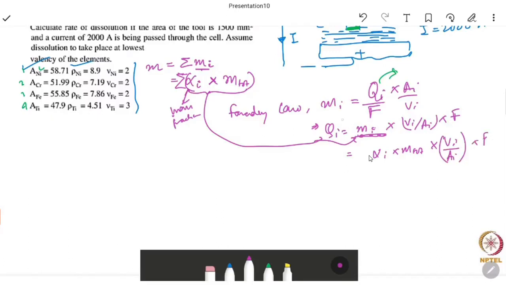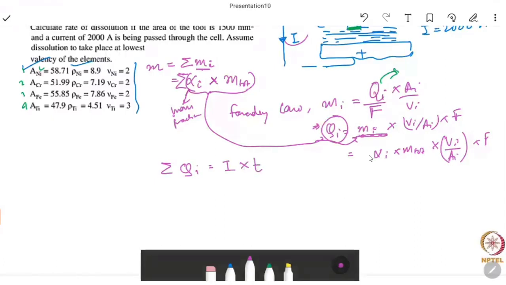So we know that the summation of Qi is the total current, which is I into the time of machining T. Now all we do is just substitute Qi here.